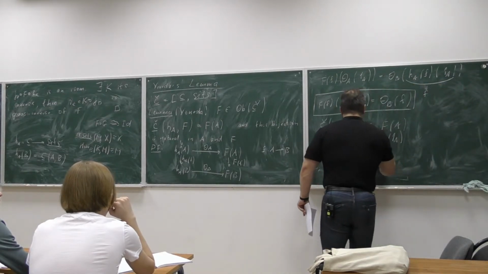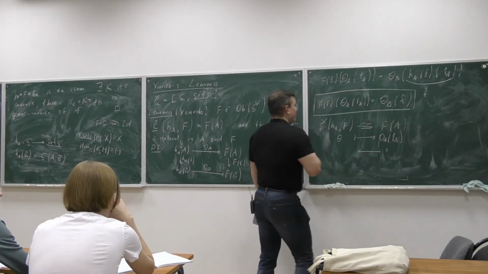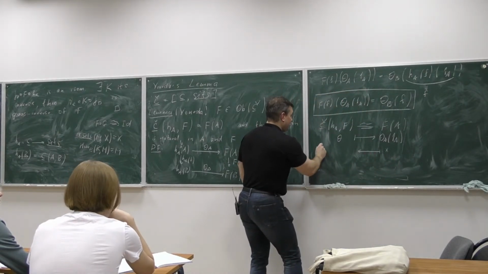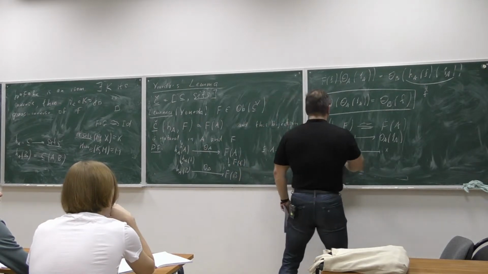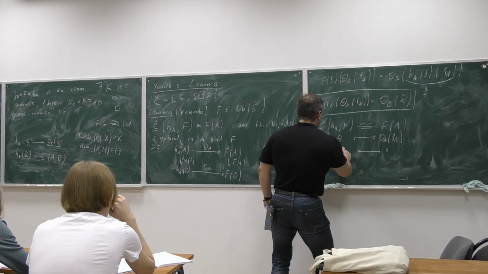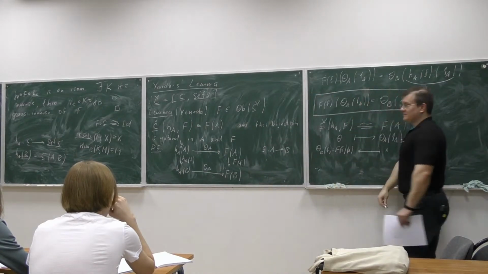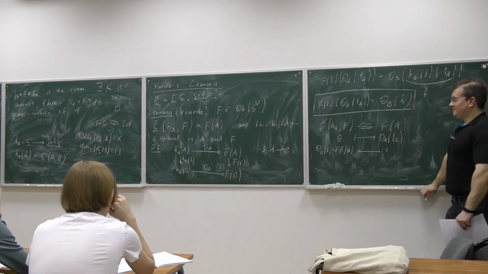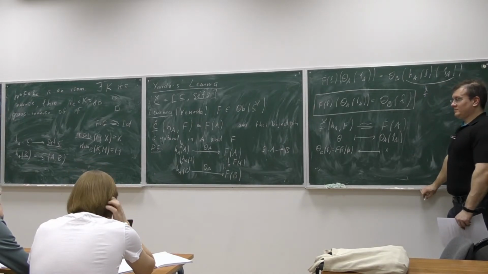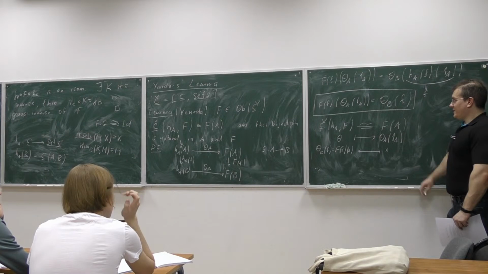So if I want to do this, I need to say what's the theta for any object and any map is, right? When I just say that this is by definition F of the little f computed on x. And that's the bijection.